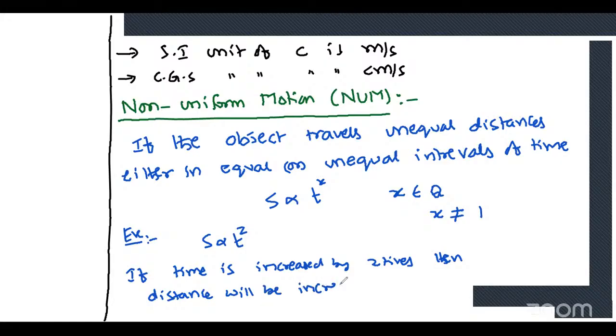Like this, distance will either increase or decrease non-uniformly, because if x equal to 1, then it becomes uniform motion.